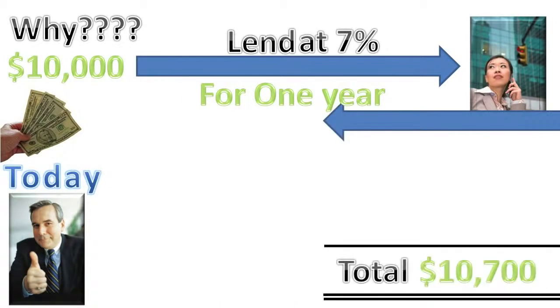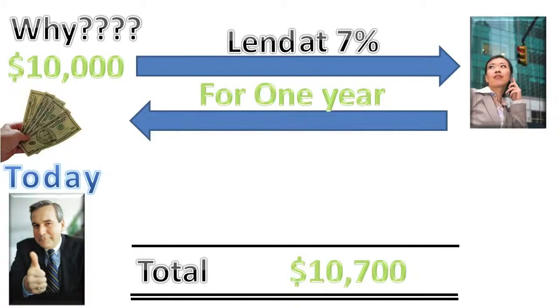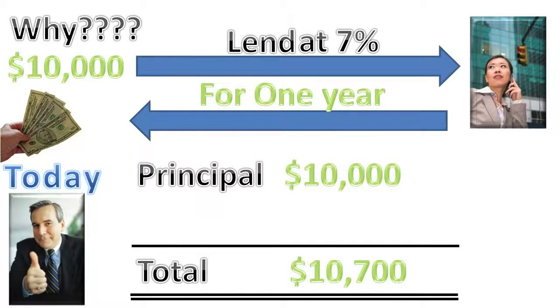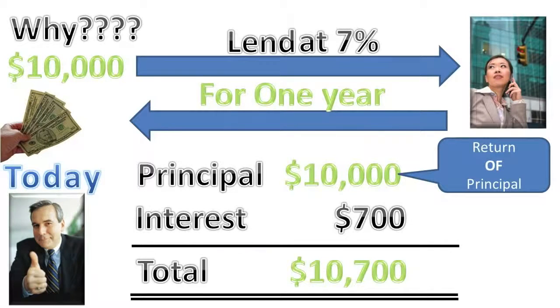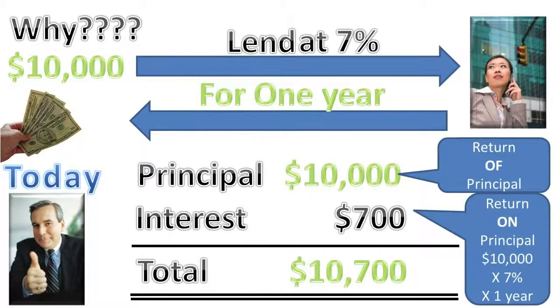If you were to do this and the person were to pay you back as promised, you would have $10,700 a year later. $10,000 return of principal plus $700 return on principal, represented by interest, which would be computed as $10,000 principal times 7% annual interest rate times 1 year of interest.